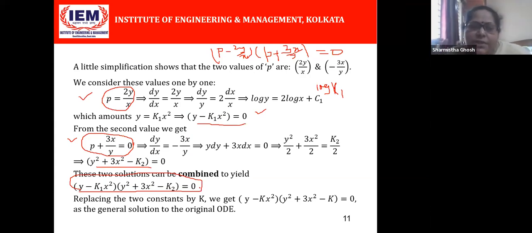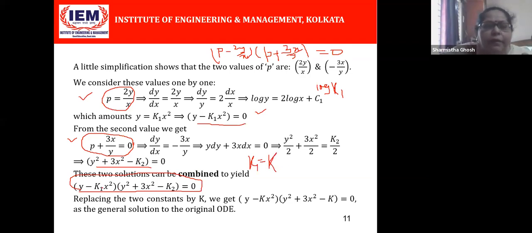Now the only change is that this solution contains two constants. But as per our definition, the general solution can contain only one arbitrary constant. So we give both constants the same symbol, or you may think of it like this if anybody is confused: I keep one of the constants arbitrary, so k1 is k.